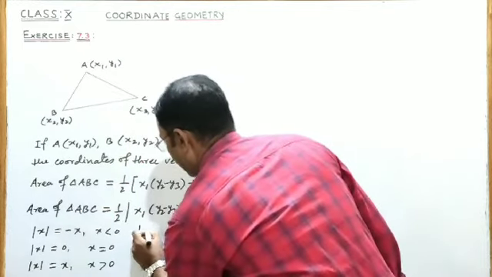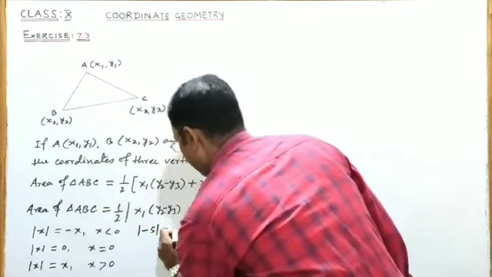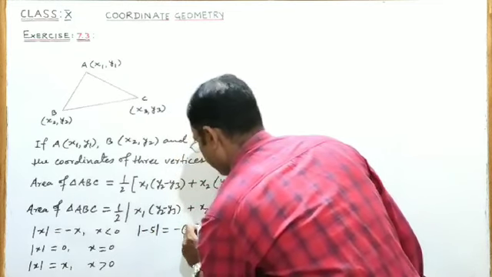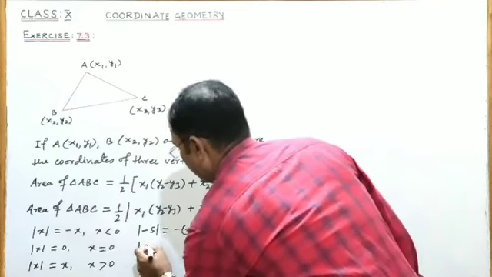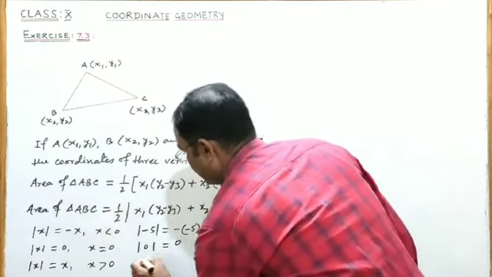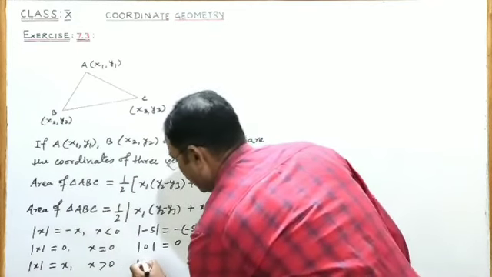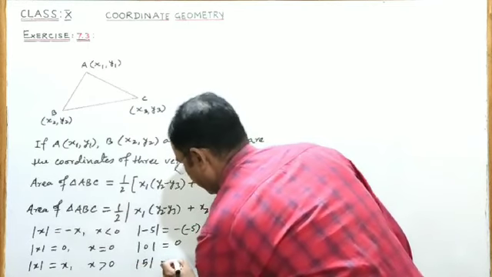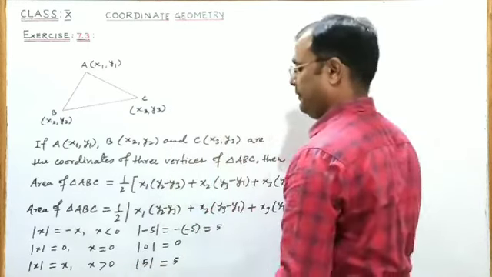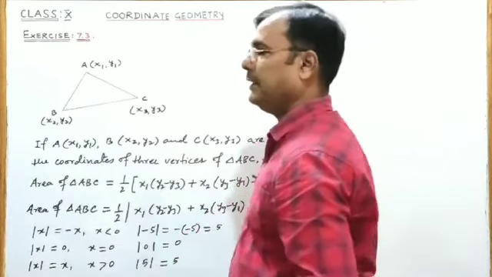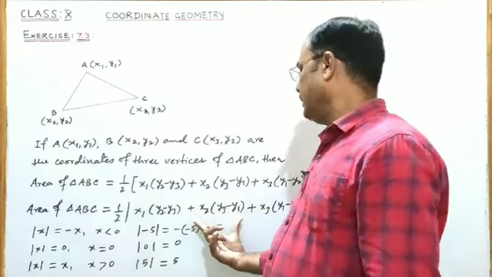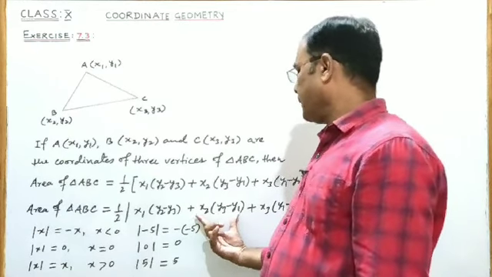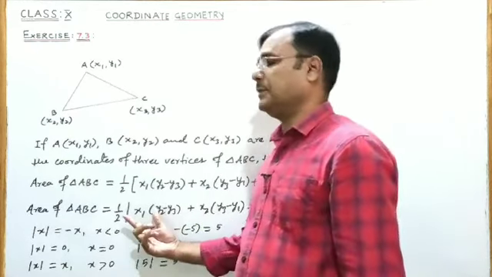For example, mod of minus 5 is minus of minus 5 equal to plus 5, and mod of 0 is equal to 0, and mod of plus 5 is equal to 5. So, this way mod of a real number is defined, and because of this mod you will always get positive value of this expression.